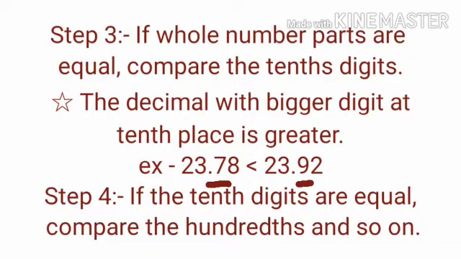As 7 is smaller than 9, so 23.78 will also be smaller than 23.92. Step 4. If the tenth digits are equal, then we will compare the hundredths and so on.